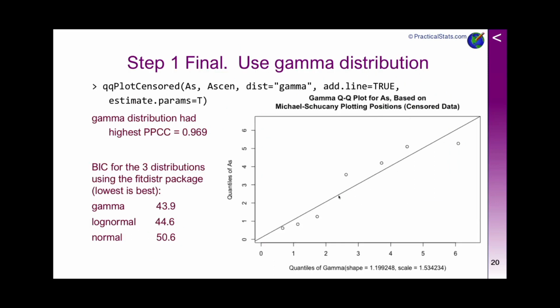Okay, so this is the gamma QQ plot where the gamma distribution is plotted as a straight line. It was the highest PPCC by just the third decimal place, 0.969. If we had used the BIC for the gamma, log normal, and normal, and again, that's a measure of error, so you want the smallest value, it's pretty clear that the normal is not as good as the gamma or log normal.